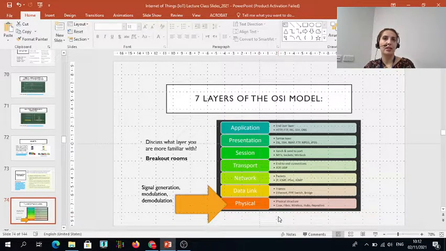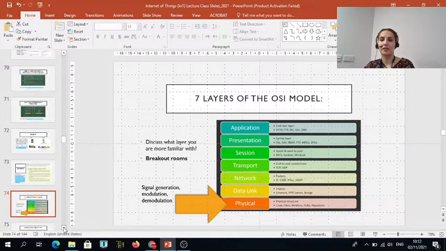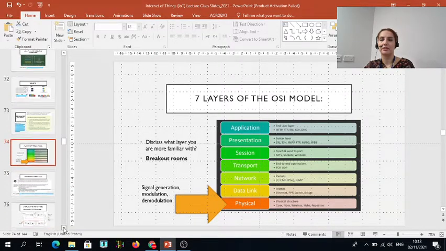So if you are designing an IoT system that is relying on Wi-Fi, physical connectivity is only one part of that. You have to take care of data link, network, transport, session, presentation, application. I'm going to explain this a little bit further, because I felt that it is useful if I explain it a little bit more.